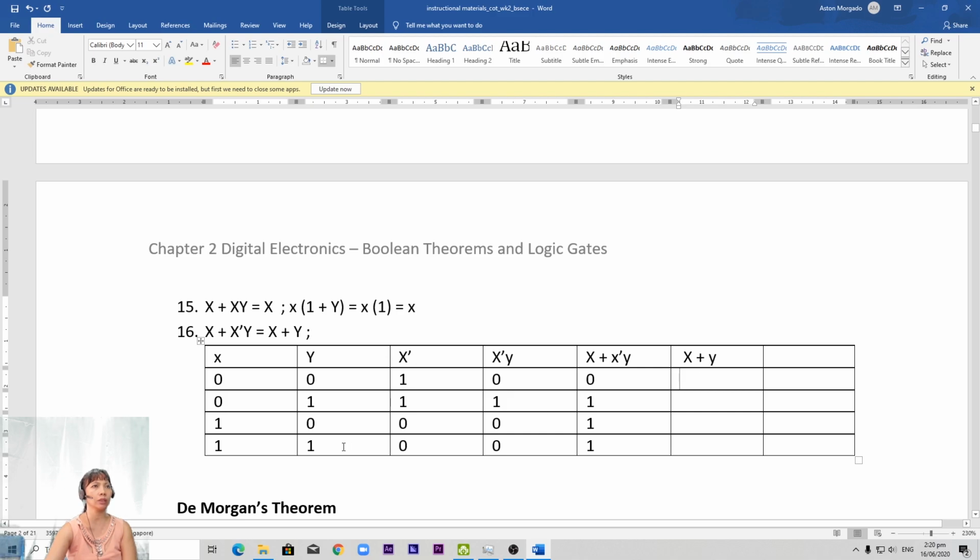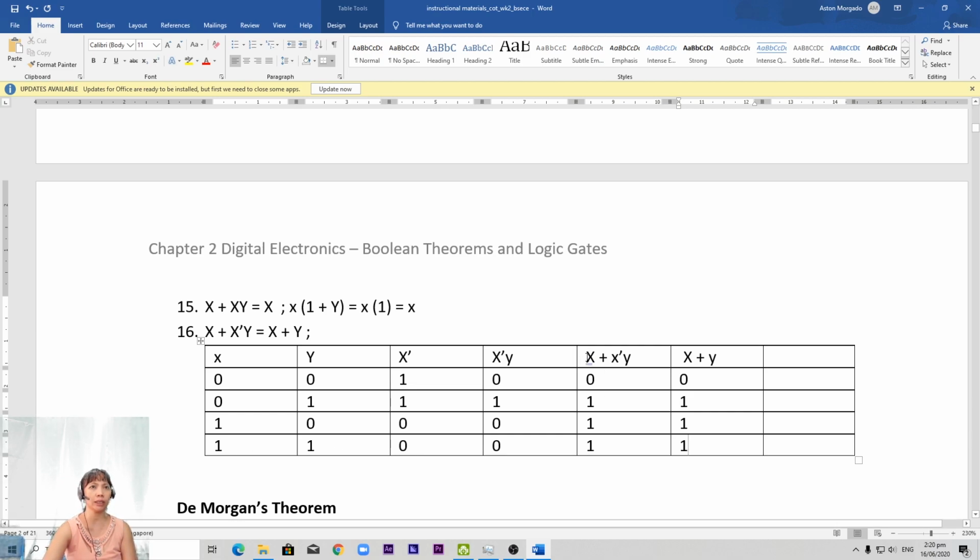So with x plus y, we have 0 plus 0 is 0. 0 plus 1 is 1. 0 plus 1 is 1. And for the third row, we have 1 plus 0 is 1. And last, we have 1 plus 1 is still equal to 1.